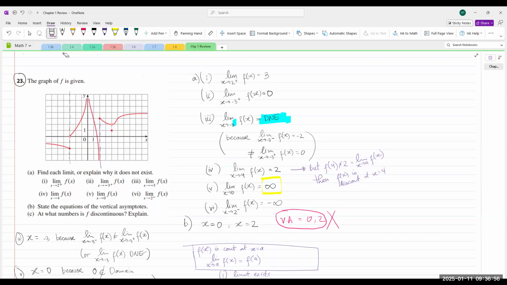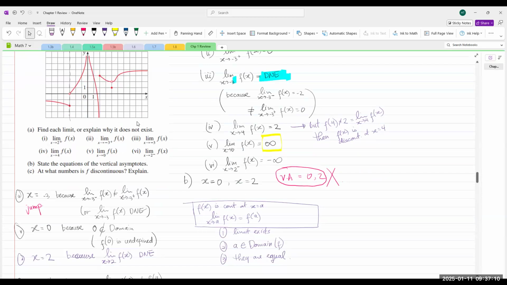Okay, if we review from our theory again, we usually say that the discontinuity at x equals -3 is called jump discontinuity. At x equals 0, we call that infinite discontinuity because it goes to infinity.